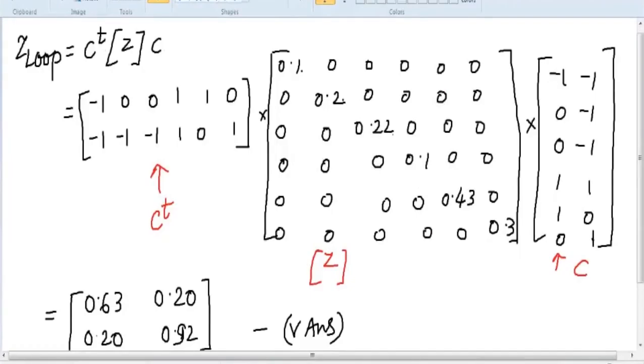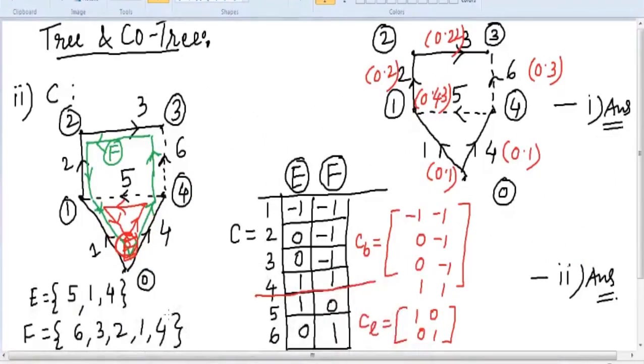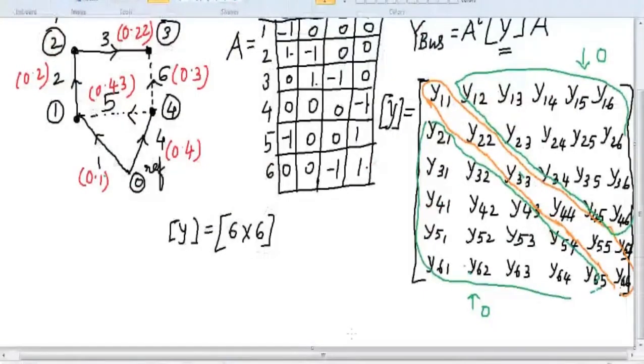From where this 0.1 has come here, let us check here. Okay, so 0.1 is the value. Let me correct here, this fourth element is 0.1.